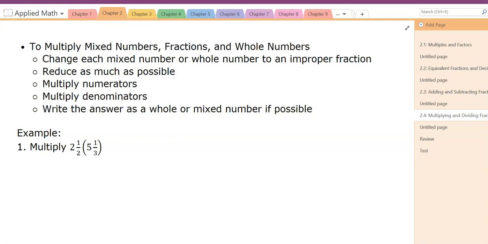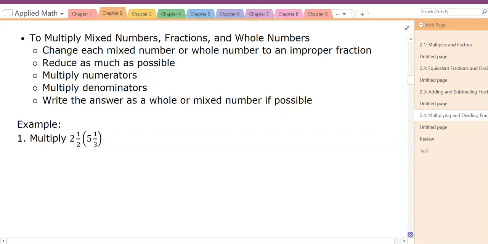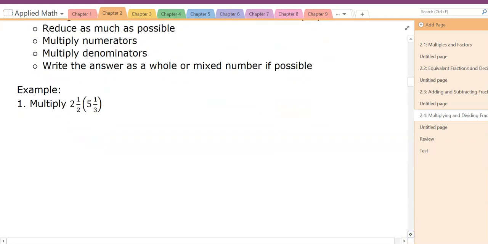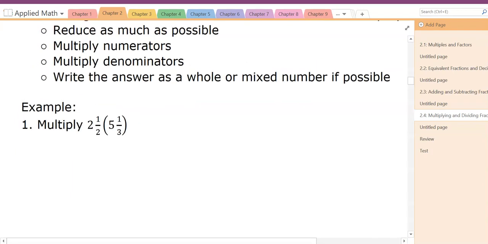So this first one I have 2 1/2 times 5 1/3. If we change 2 1/2 to an improper, 2 times 2 plus 1 would be 5, so that becomes 5 over 2. What would the second fraction be if I wrote it as an improper?